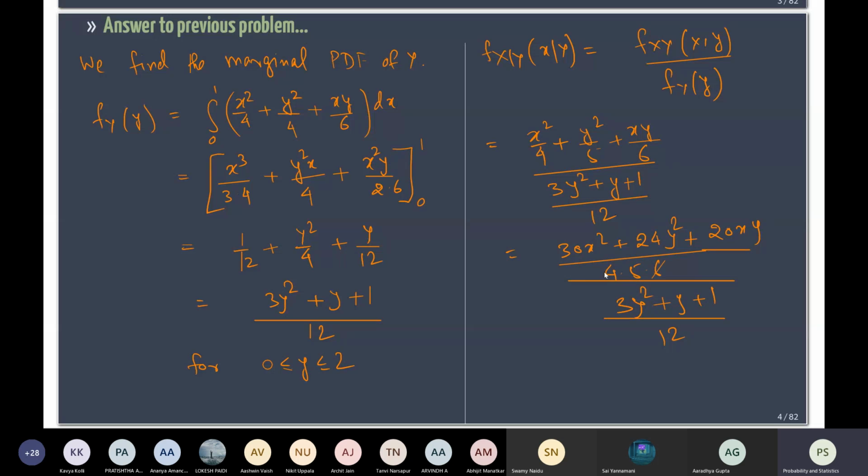Okay, so this 6 goes here, and then the 2 here, and then the 12 goes with the 10 there. So 10 is there: 30x squared plus 24y squared plus 20xy by 10, divided by 3y squared plus y plus 1.